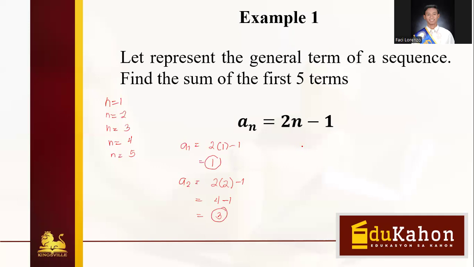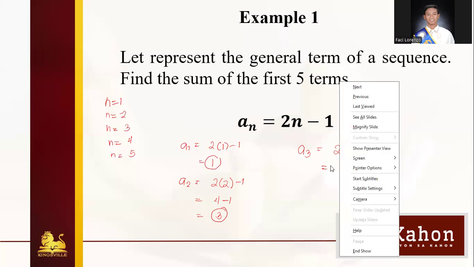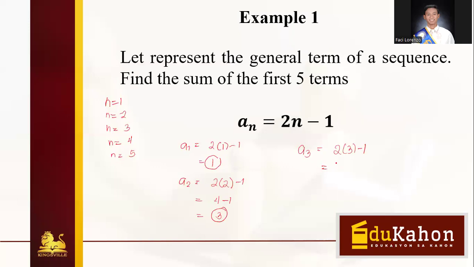How about for a sub 3? Then if we have a sub 3 here, that is 2 multiplied by the value of n, which is 3, minus 1. So 2 times 3, that is 6. 6 minus 1, that is 5. So meaning you have 5 for your third term.